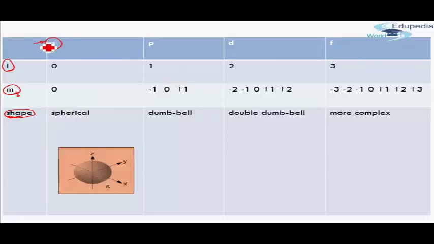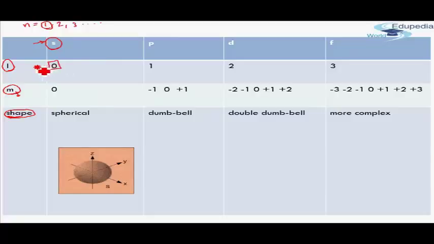Now the value of n, that is the value of shell, can be 1, 2, 3, anything. But once you have fixed this n, the shape of the orbital depends entirely on the azimuthal quantum number, and s orbitals have azimuthal quantum number value of 0.